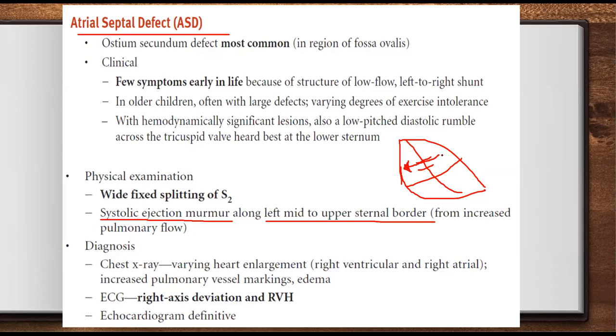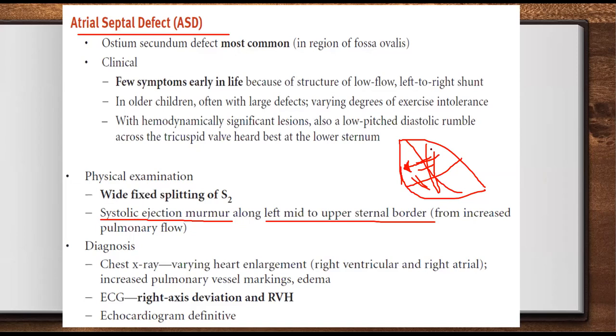And as blood is coming from the left to the right atrium, there is increased blood flow in the right atrium. So more blood will go to the right ventricle and more blood will go through the pulmonary valve and pulmonary artery. That will lead to pulmonary hypertension. So eventually ASD is causing pulmonary hypertension.